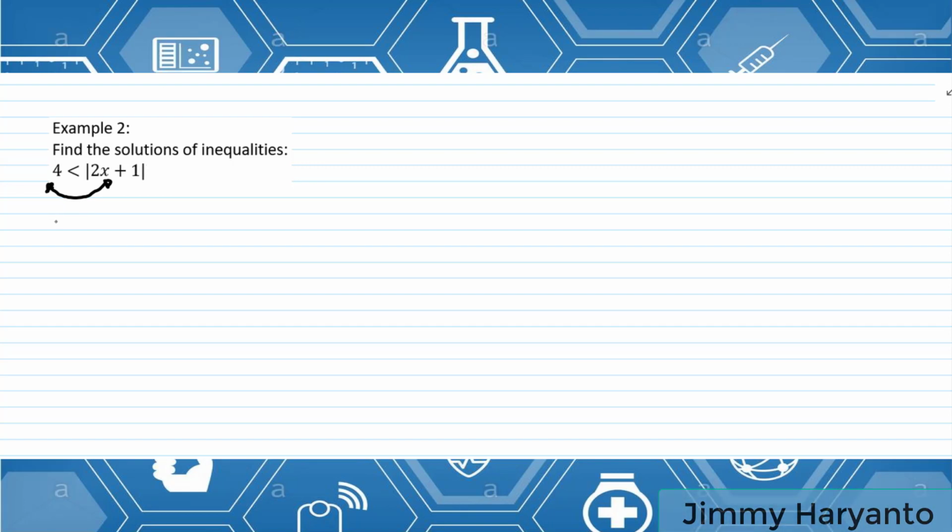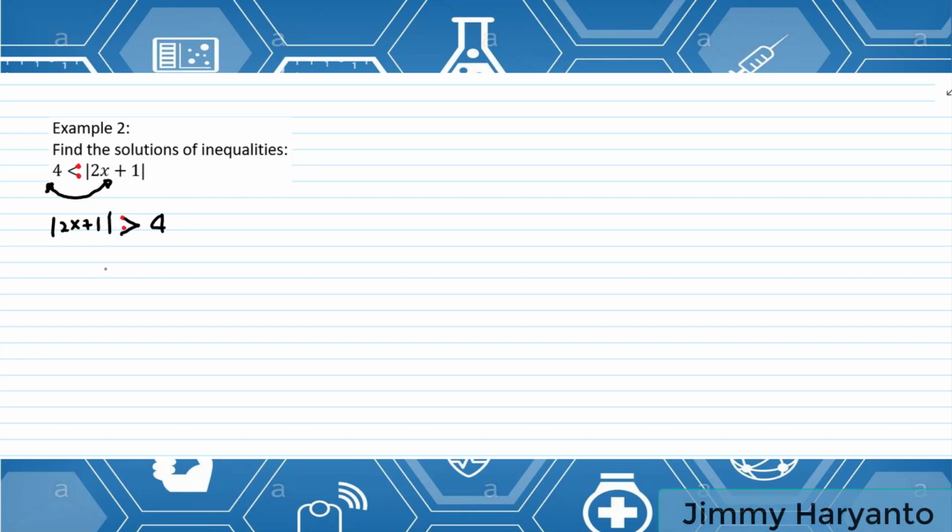So we write 2x plus 1 on the left side, with the two bars side by side, and then I write the sign. The sign will be greater than 4. So we flip the left side and the right side first to make it the same as the formula. So I have absolute value of 2x plus 1 greater than 4.